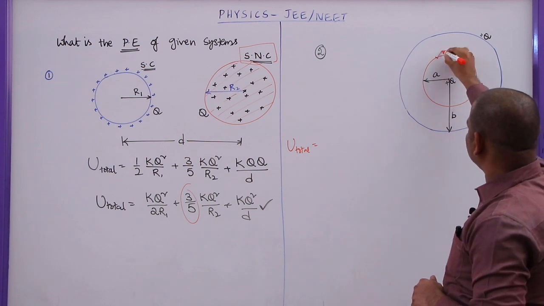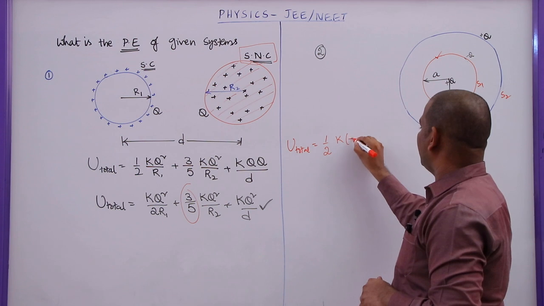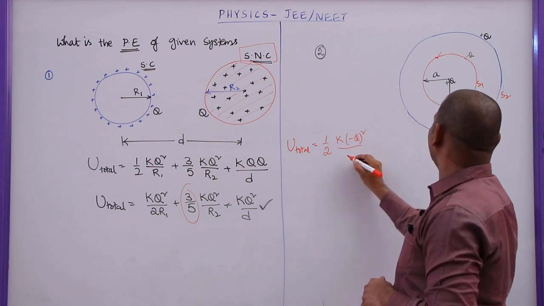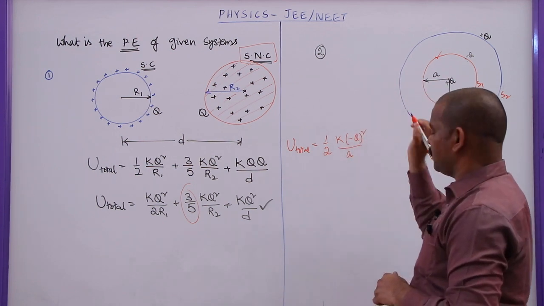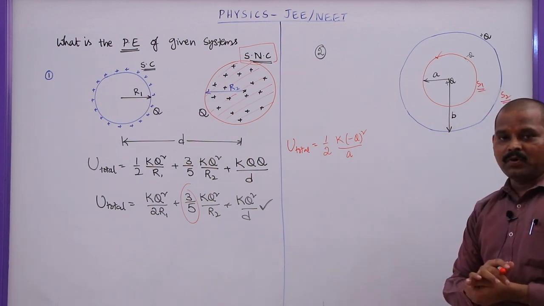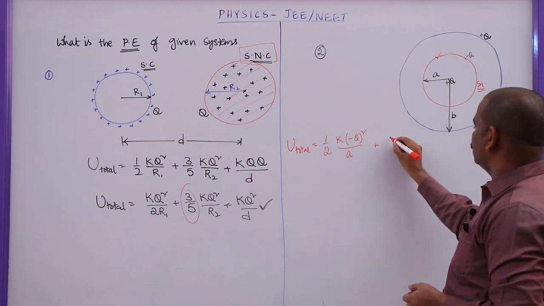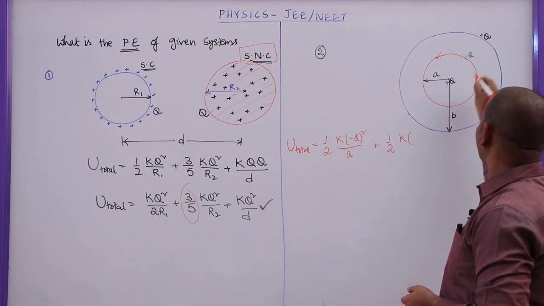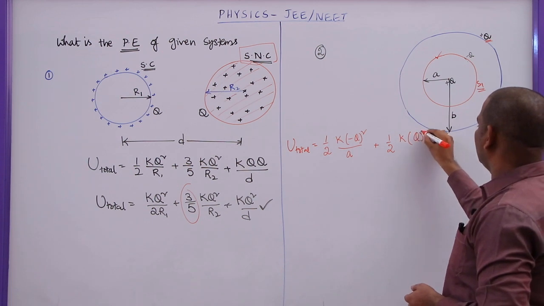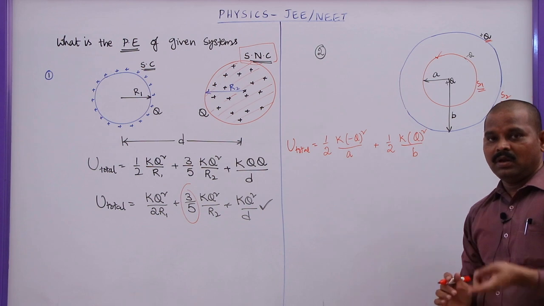So for this first sphere, let me write 1 by 2 k minus q² by a, the radius of this one being a. So the first sphere is over. Now what is the potential energy of the second sphere? This is also hollow. So let me write half k Q² by b, the radius being b. Over.